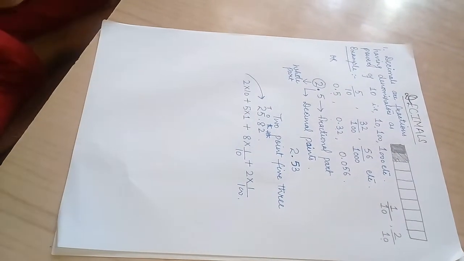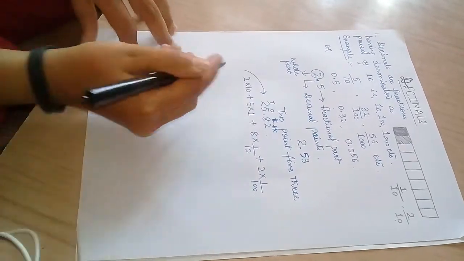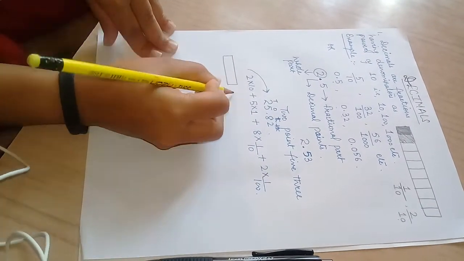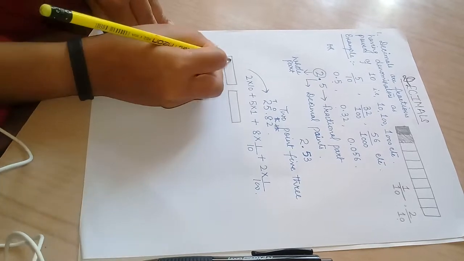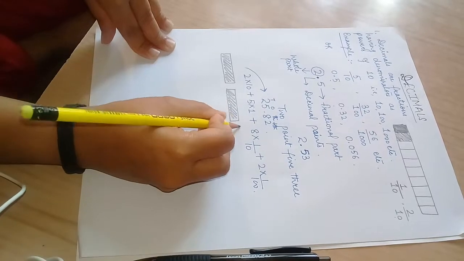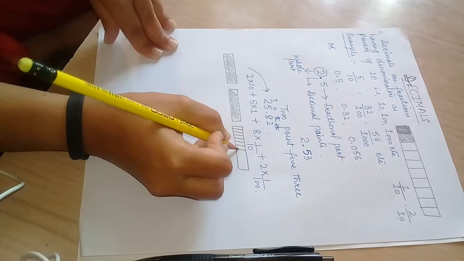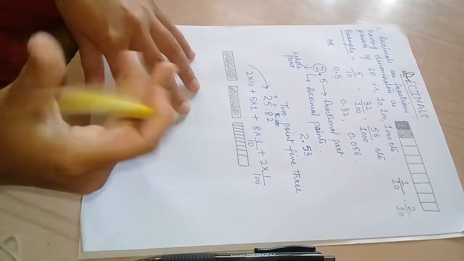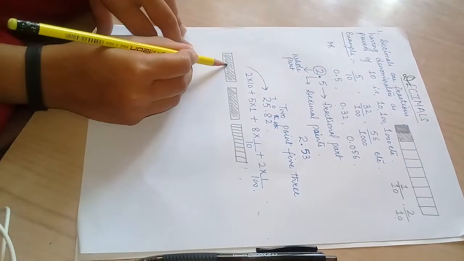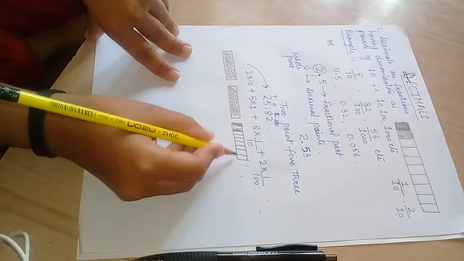Okay, now these are some examples. If I have taken one whole strip, another whole strip, two strips, and the next strip, okay, 1 and 2 whole strips, and I am taking only 2 parts of the next strip.